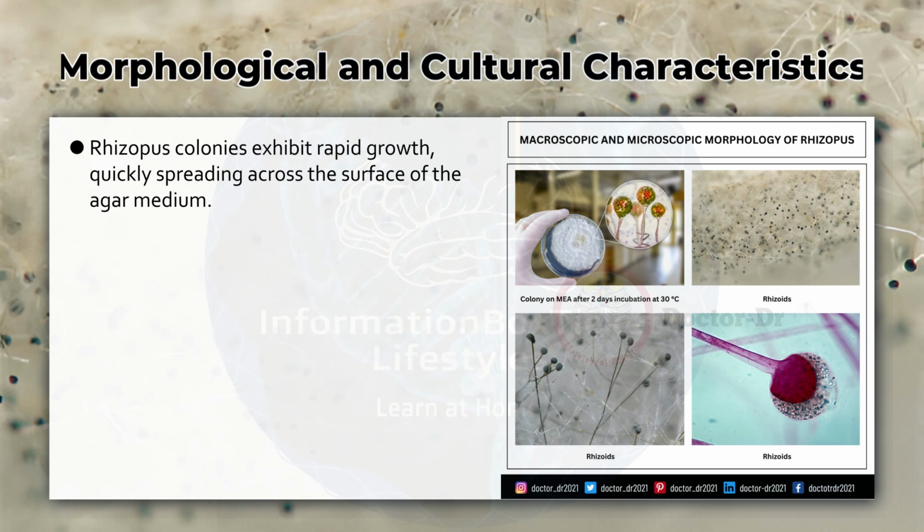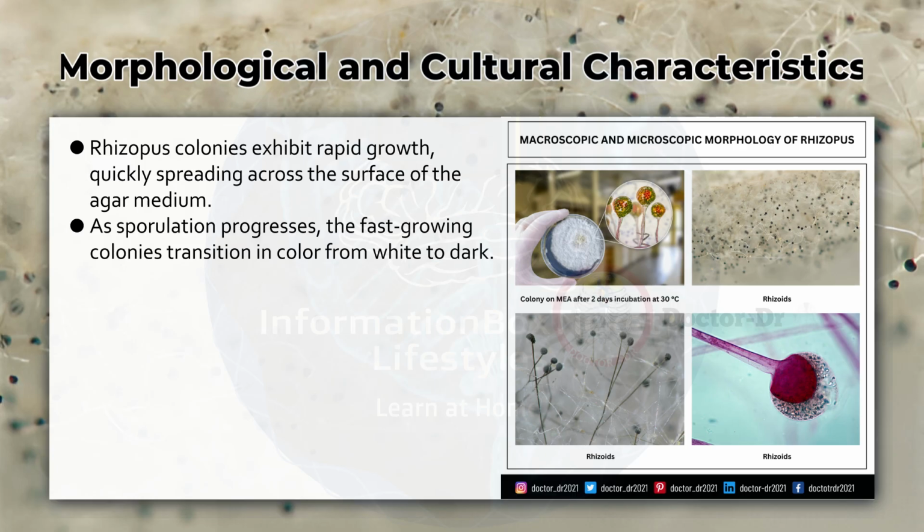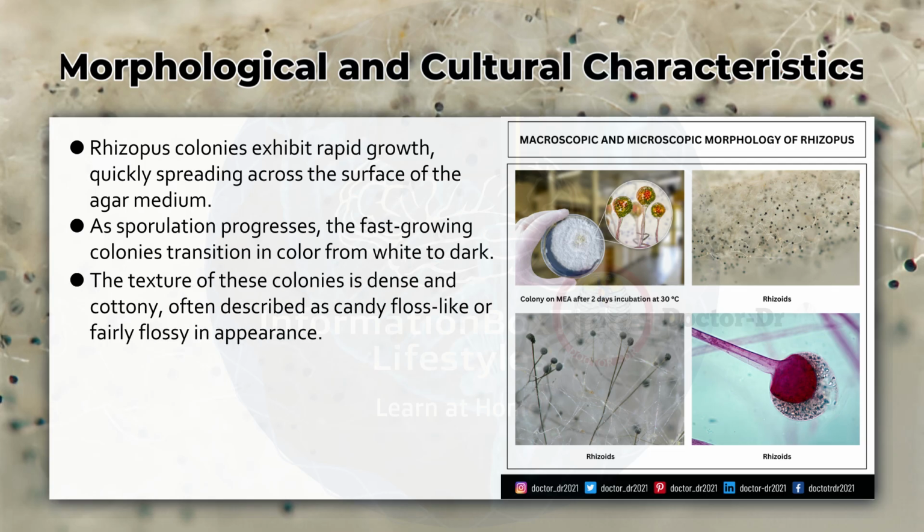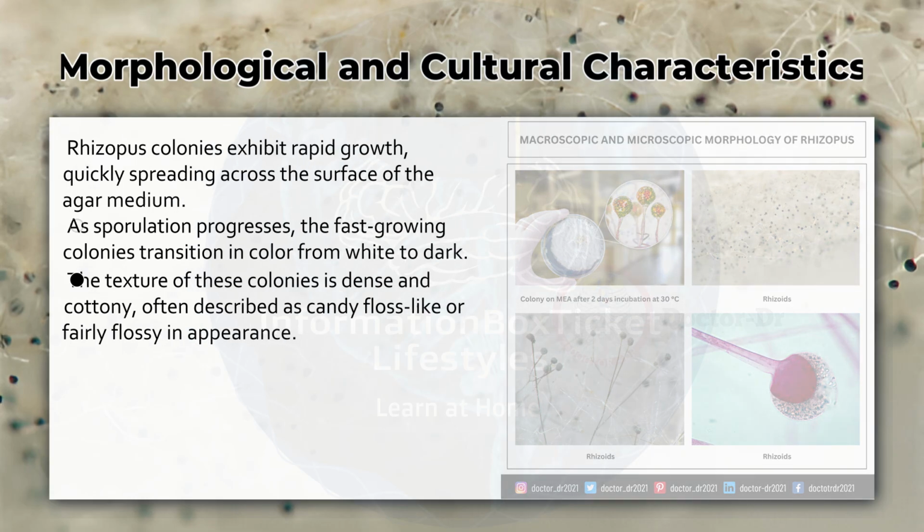Rhizopus colonies exhibit rapid growth, quickly spreading across the surface of the agar medium. As sporulation progresses, the fast-growing colonies transition in color from white to dark. The texture of these colonies is dense and cottony, often described as candy floss-like or fluffy in appearance.